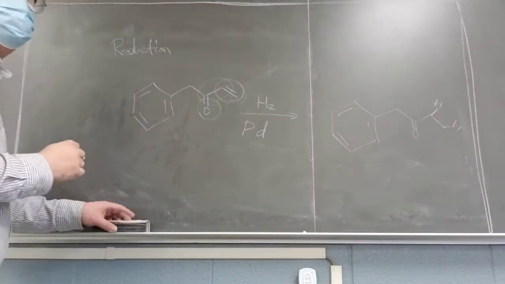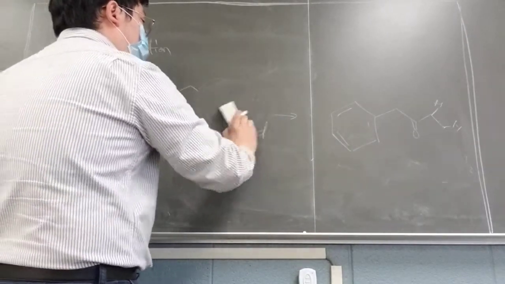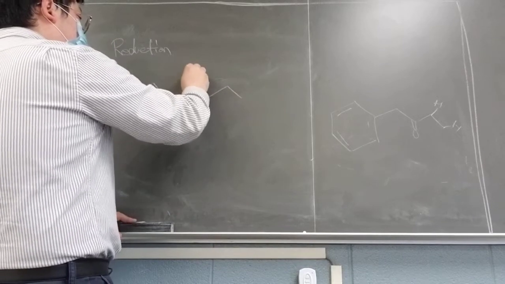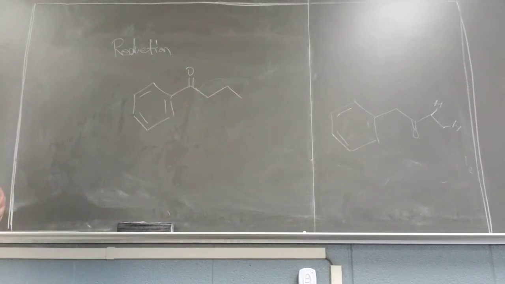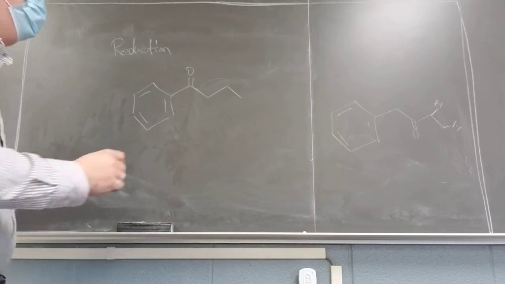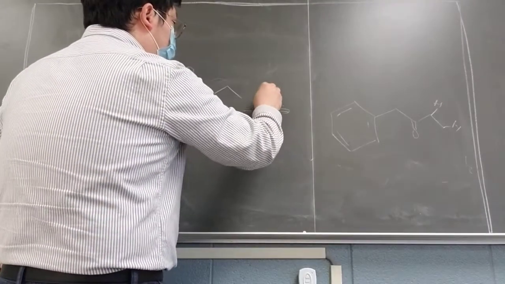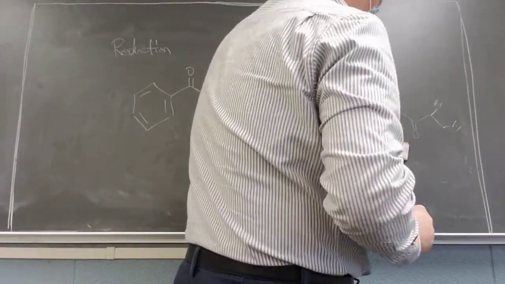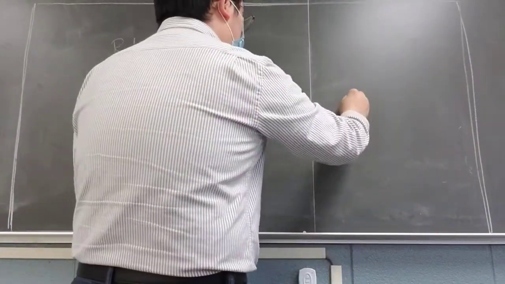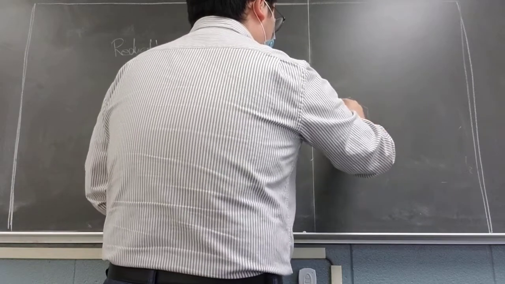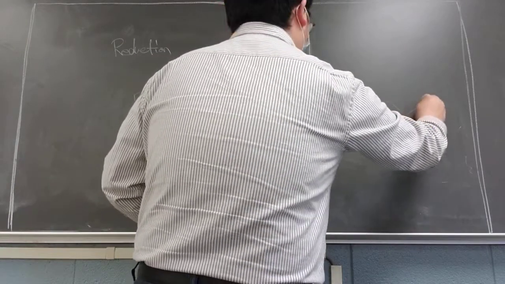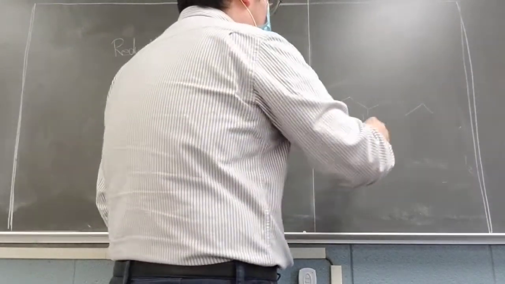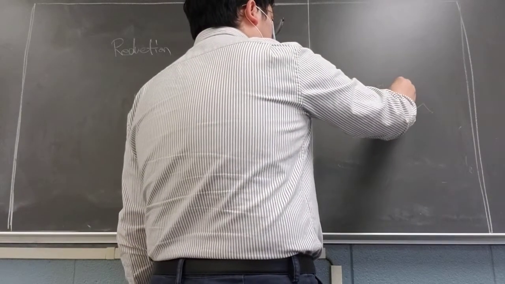But here's the exception. I'll give you this one. Once again, this is the beauty of the benzylic position. Whenever you do this one, this will be reduced. This will be an exception.